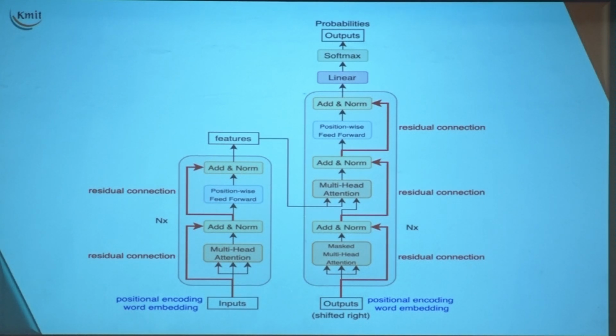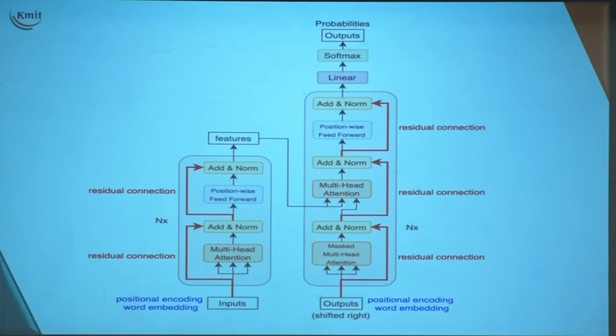Okay. Now, when I talk about the encoder, I said we have 2 blocks. What are they? Multi-head attention and feed forward. Now, when you look into the decoder block, I have 3 sublayers. In the decoder, I have what? 3 sublayers. At the bottom, what do you see? Masked multi-head attention. Above that, what do you see? Add and norm.